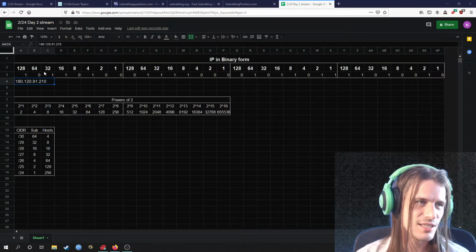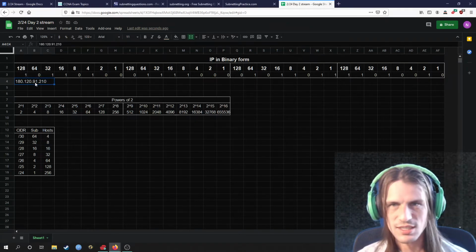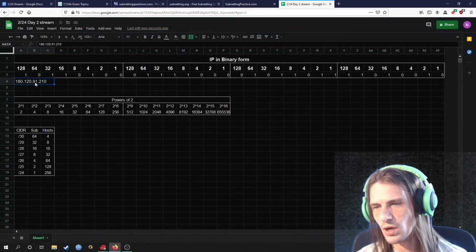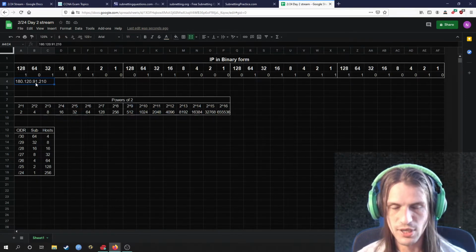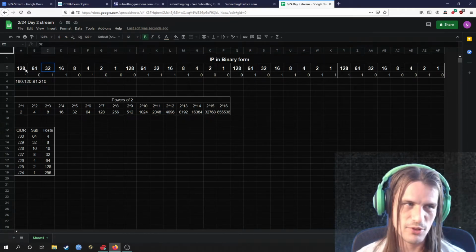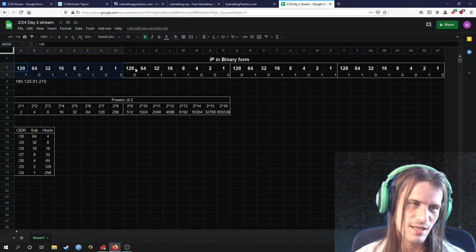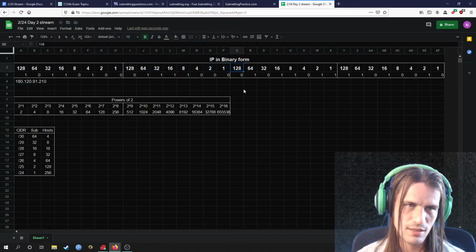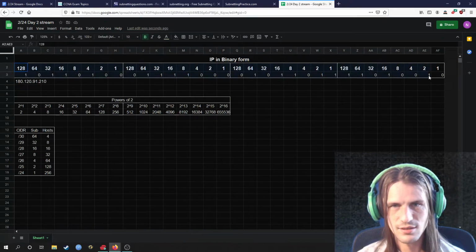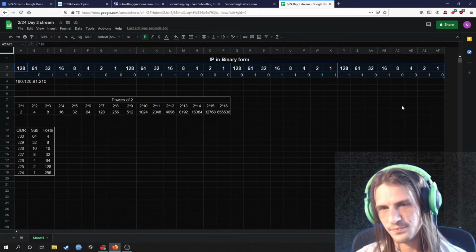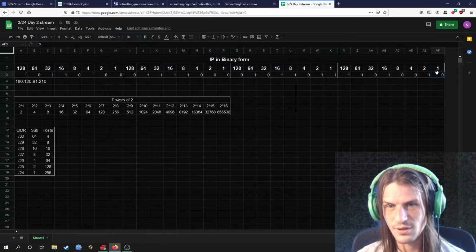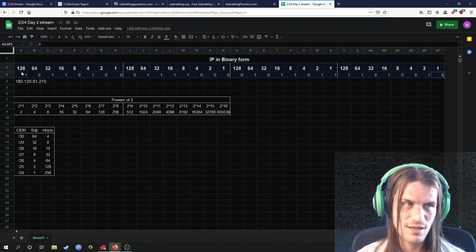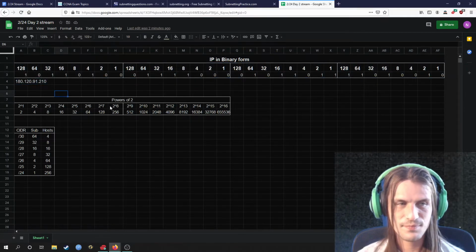And again, this is just converting between dotted decimal to octet, to binary. Binary, sorry, it's binary. It's represented in an octet, but this is binary. 4 octets, 32 bits total, represents an IP address.